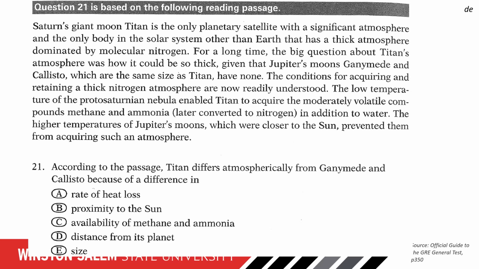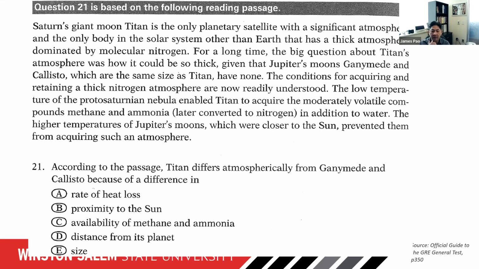I think it's saying they're the same size as Titan, so I don't think that would be something that differs. Right. Given that Jupiter's moons are the same size as Titan, size is definitely wrong because there is no difference in size.